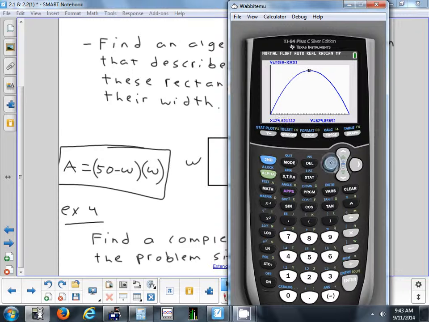What happens when you have a line? Does the slope always stay the same on a line, or does it change? A line, it always stays the same. That's why in Algebra 1 we study slopes of lines. It's easy. Well, when you have a parabola, the slope is always changing because it's curved. But what happens to the slope at the very top? At the very top of that curve, as it goes from going up to coming back down, what happens to the slope? Well, technically it becomes a horizontal line, doesn't it?